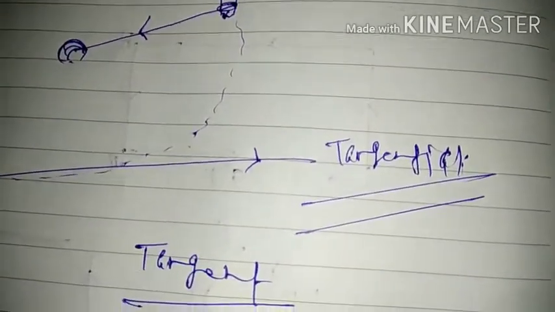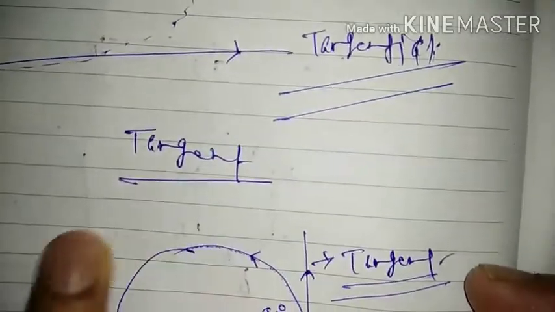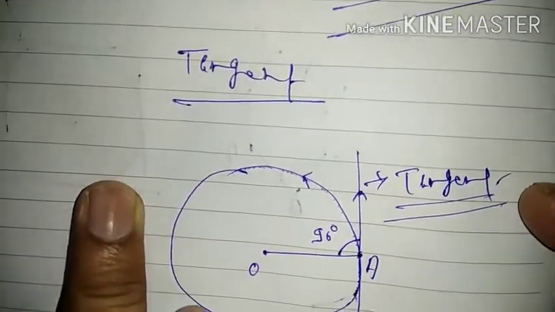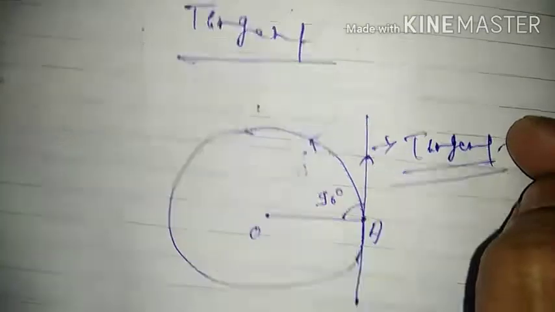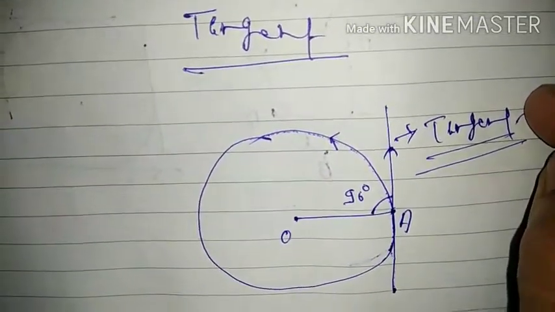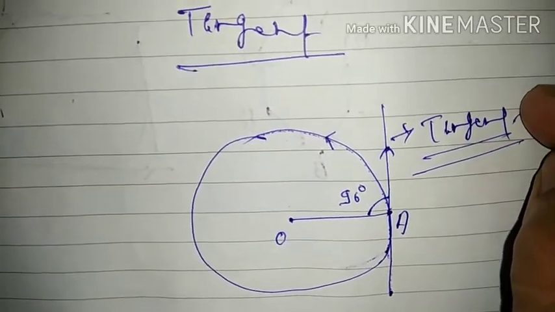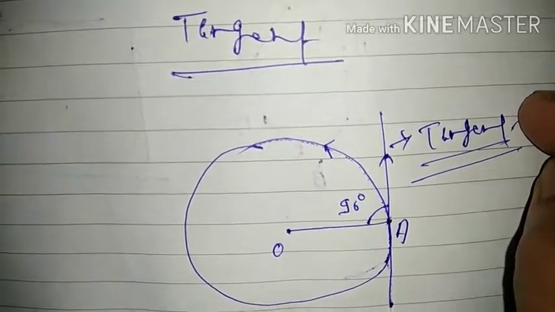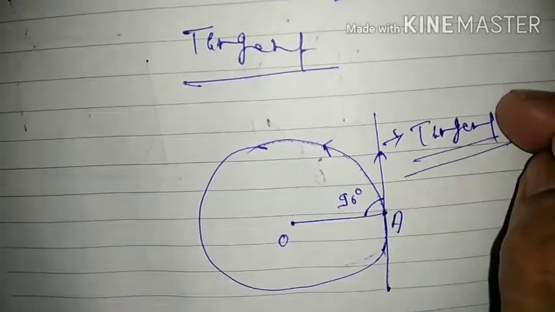Why does the velocity change? Because the direction of the object changes continuously at each and every point. And if direction changes, then velocity changes, and the rate of change of velocity is called acceleration. So uniform circular motion is accelerated motion.